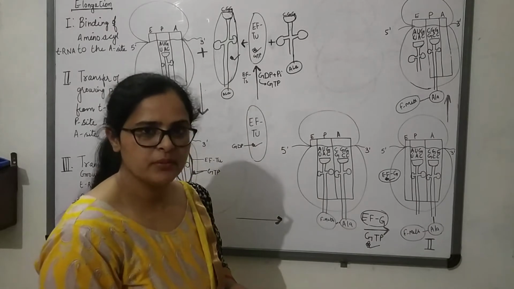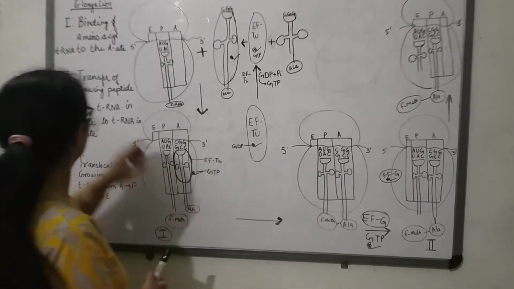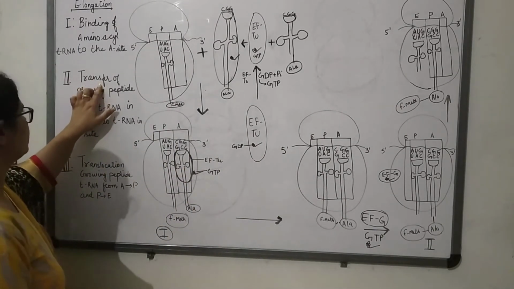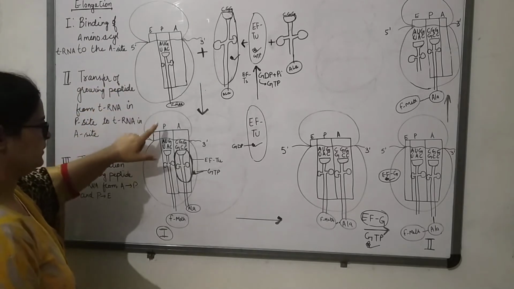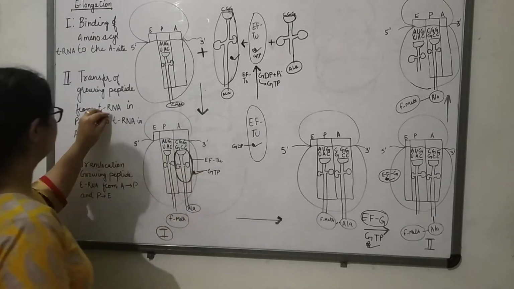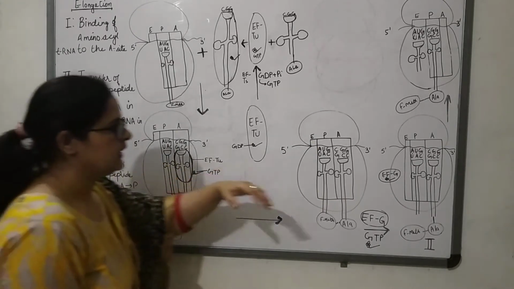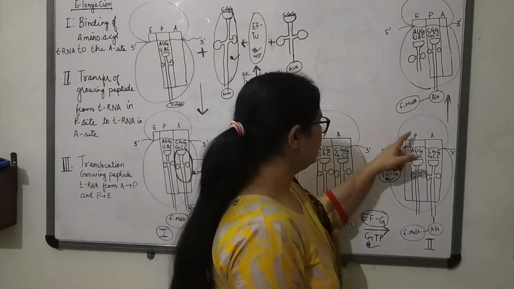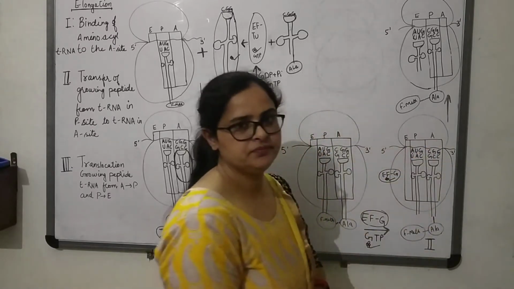What is the second step? The second step is the transfer of the growing peptide, which was present in the P site, to the A site. From P it will transfer to A.